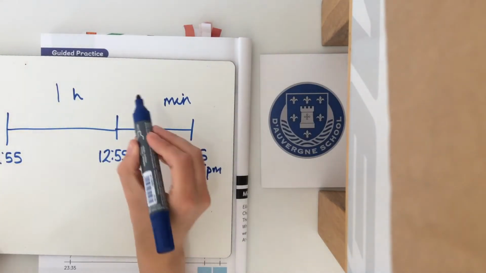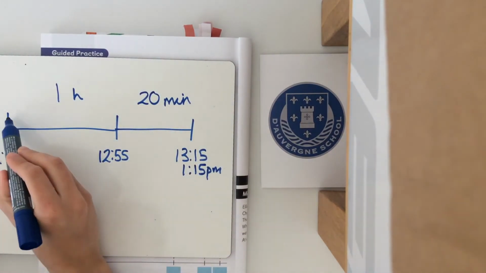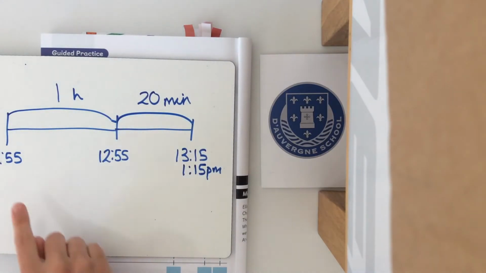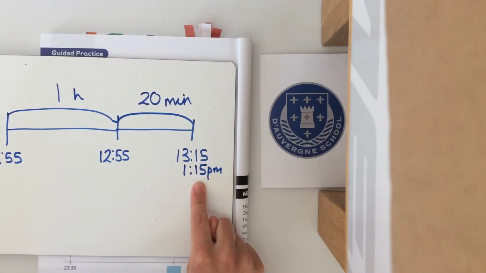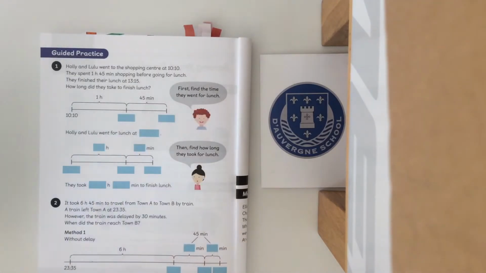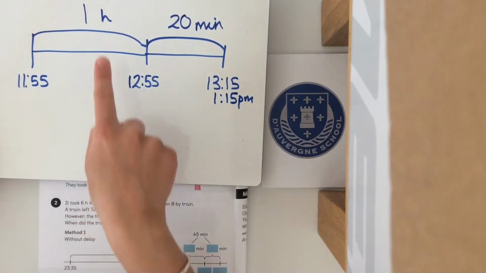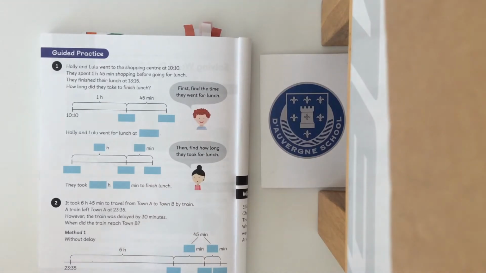So my next jump is going to be 20 minutes. So your number line should look like this. We've done 1 hour jump and we've done a 20-minute jump to take us from 11:55 to 12:55 to 1:15. So in total, they took 1 hour and 20 minutes to finish lunch.